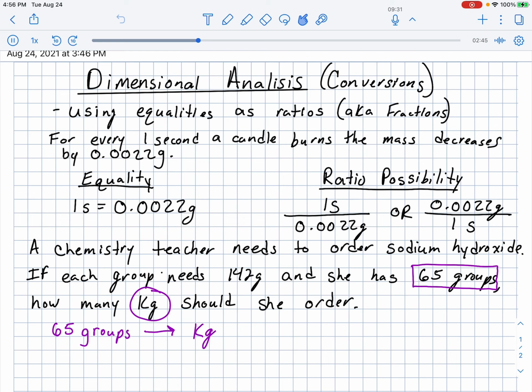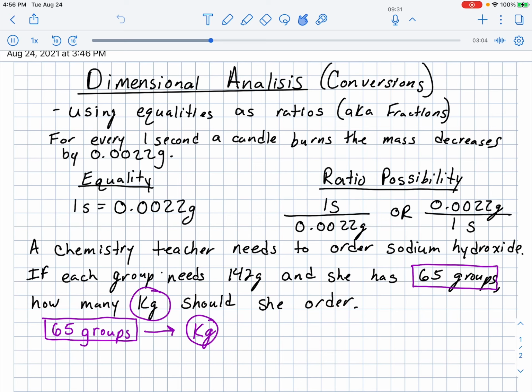That's what I want. So at the beginning of our dimensional analysis or our conversion problems, I do want you to write out what we're starting with, what we're given, and what we're ending with. Put a box around our given, put a circle around what we're trying to get to.